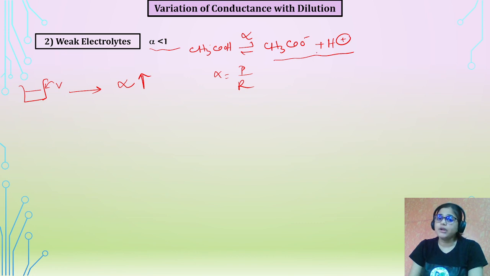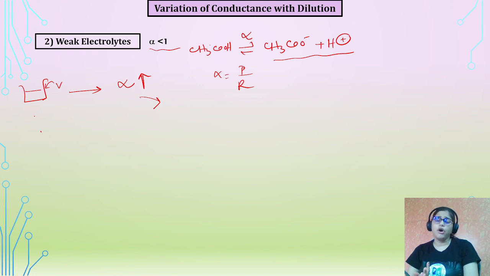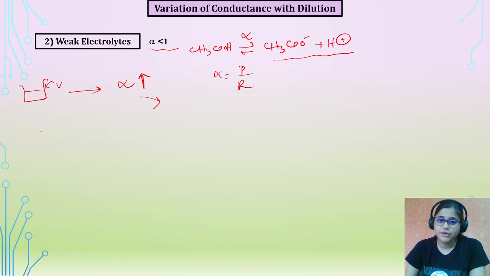That means the number of ions now increases. Conductance is the ease of carrying electricity, and the power will increase when more ions are there, because ions are the ones carrying electricity, right?